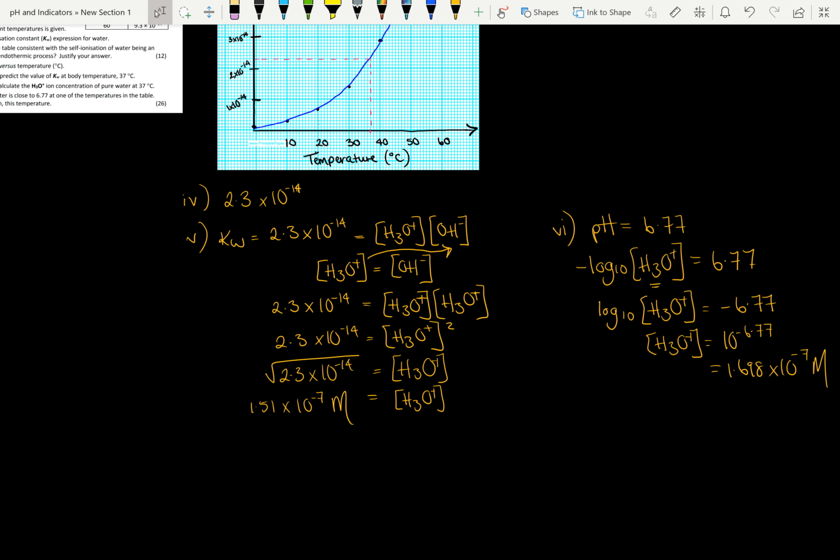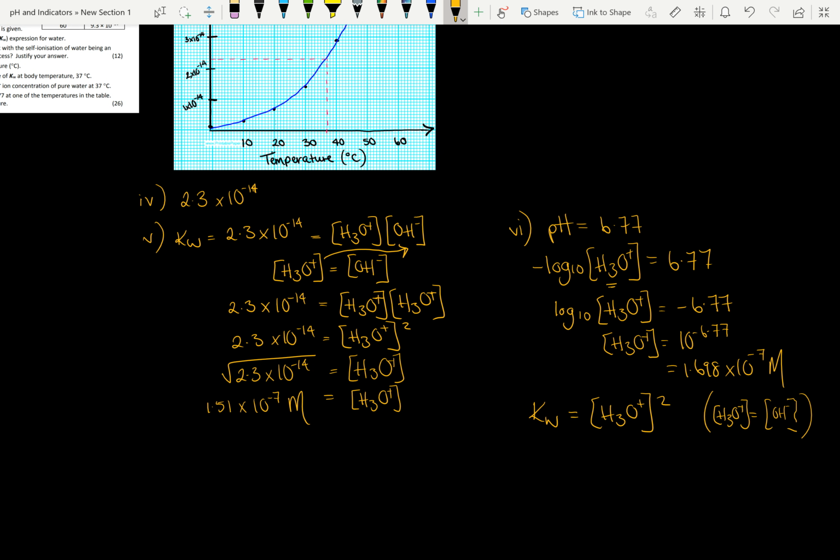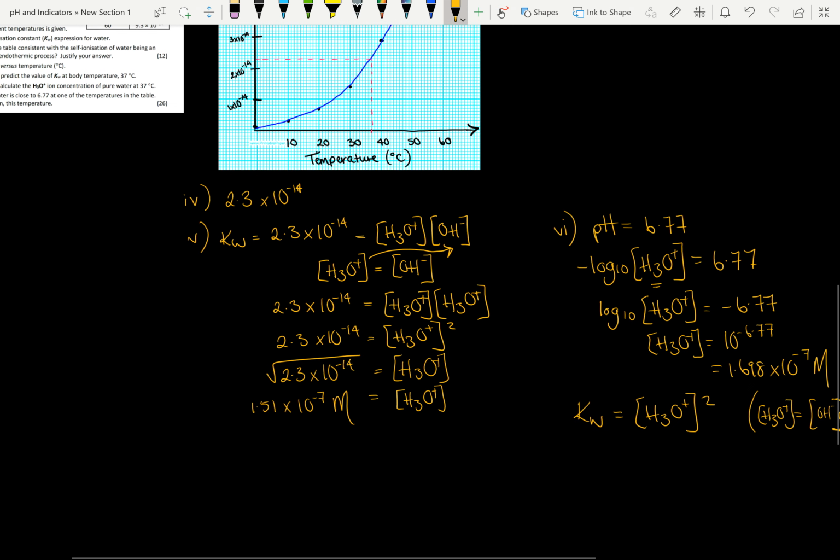And I've already said that the Kw is equal to the H3O+ ion concentration squared, because I know that the concentration of the H3O+ is equal to the concentration of the OH minus ion. So my Kw now is equal to 1.698 by 10 to the minus 7, squared, which is equal to 2.9 by 10 to the minus 14.